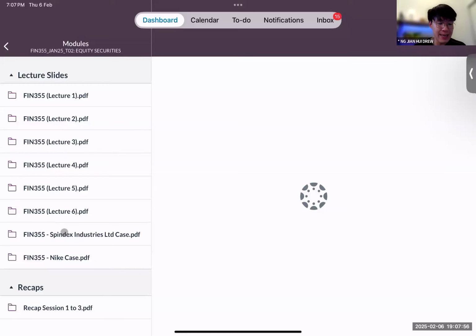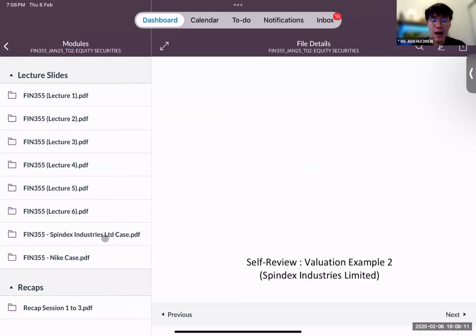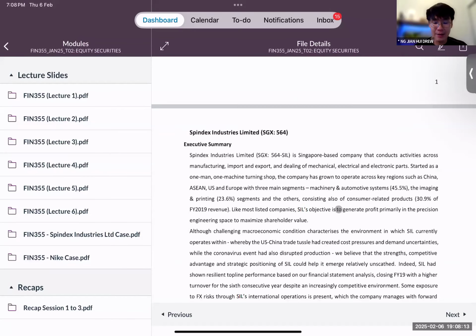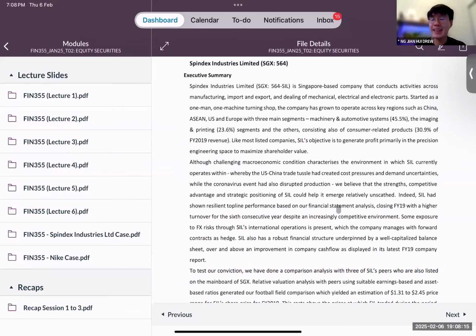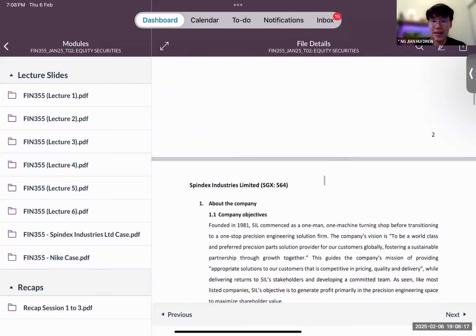Spindex is a Singapore firm listed on the SGX. They manufacture heavy machinery and items. This will be a very good example of the level of analysis you should do in terms of the qualitative aspect.